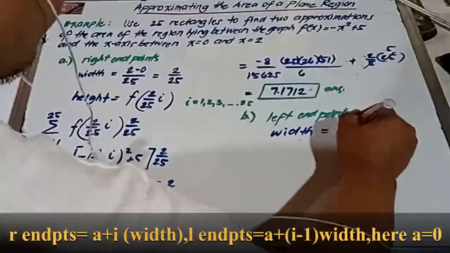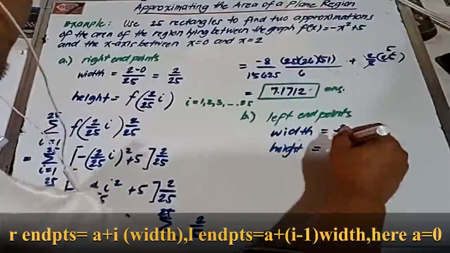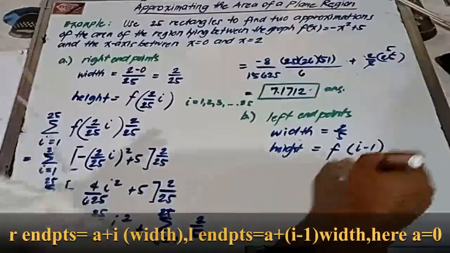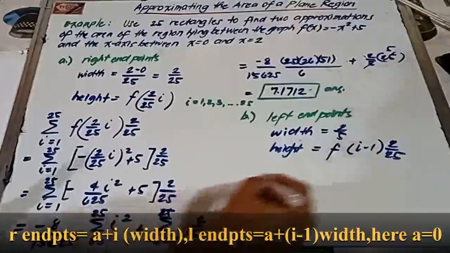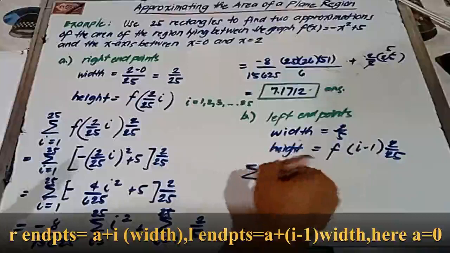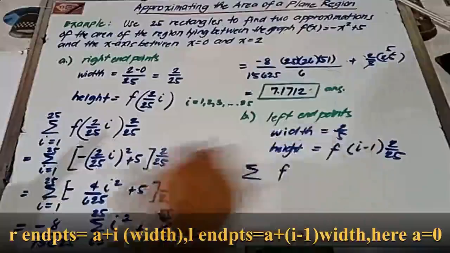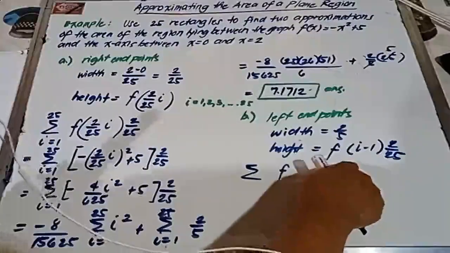We have 2 over 5, pero yung height natin of the rectangles is represented by f of i minus 1 times 2 over 25. Okay? So, kunin natin yung area. The area is summation of this f of, simplify ko na yan. That is 2i minus 2 over 25.